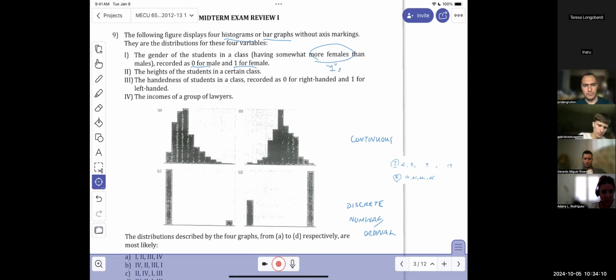D? It looks like D, right? More females. It says somewhat more females. I guess it's somewhat. It's like double, but somewhat. Okay, so this could be D. The heights of students in a certain class. So this is a continuous variable. So these are both continuous variables, these ones. Continuous. Right.